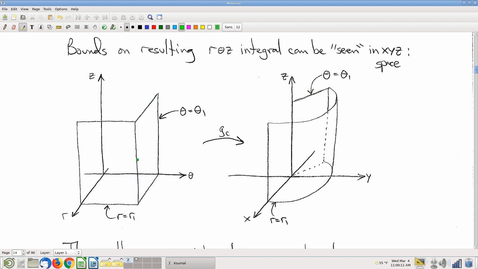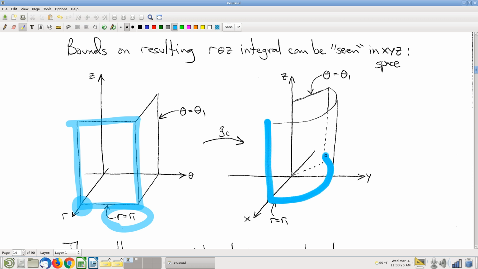A little bit weirder, what does an R slice look like? We're fixing a single value of R. What does the equation R equals constant look like in XYZ world? Well, if R is a constant, then we get part of a cylinder, like this.